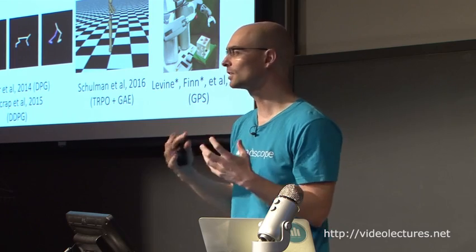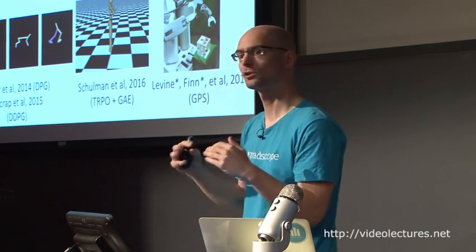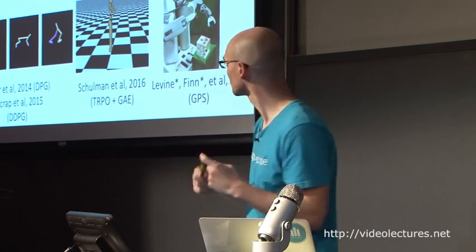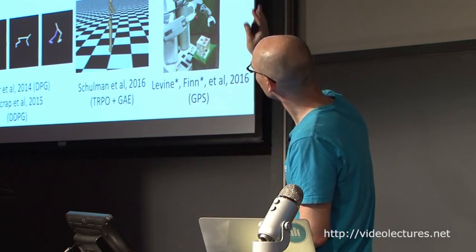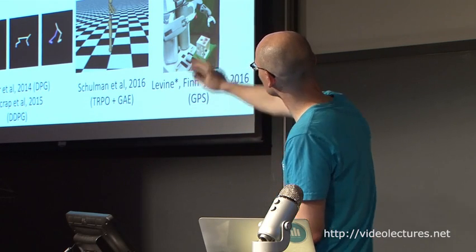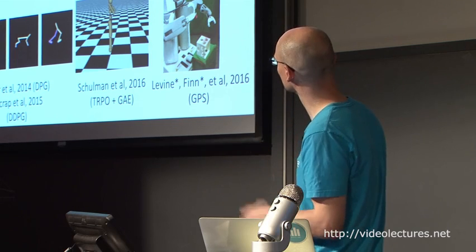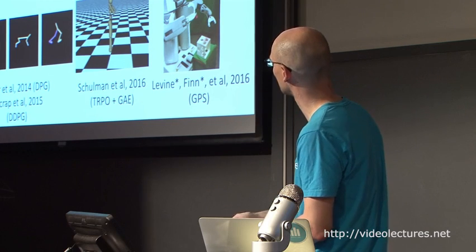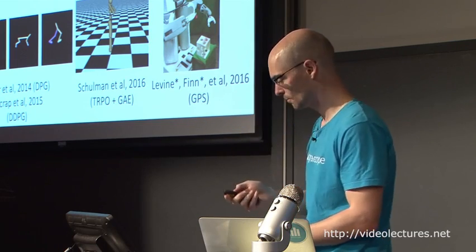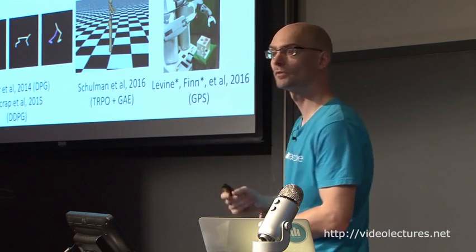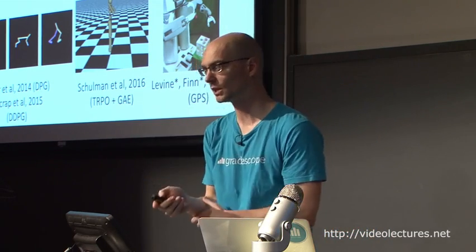What's changed recently is that it's becoming possible to run these methods with policy representations with very large numbers of parameters. Some example success stories are at the bottom, for example in Atari, in MuJoCo, various simulated environments of dynamical systems, and even on real robots. We'll look at mostly the bottom line in this presentation, but keep in mind that there have been success stories before, often constrained to small numbers of parameters being optimized.